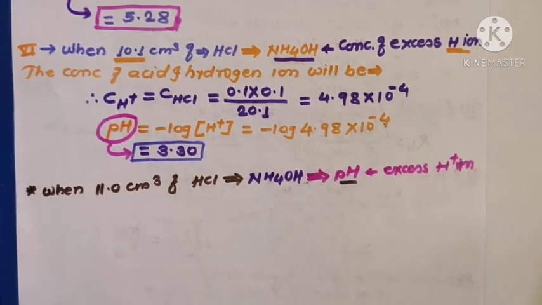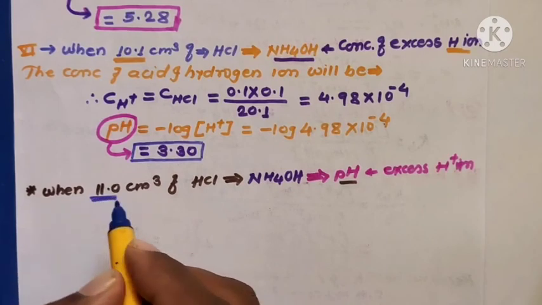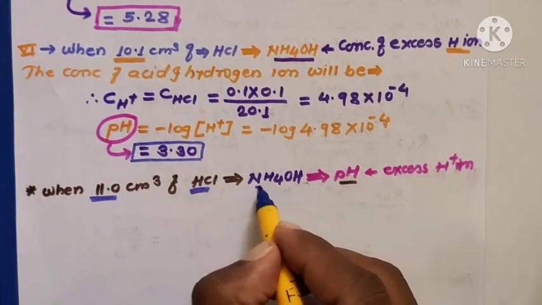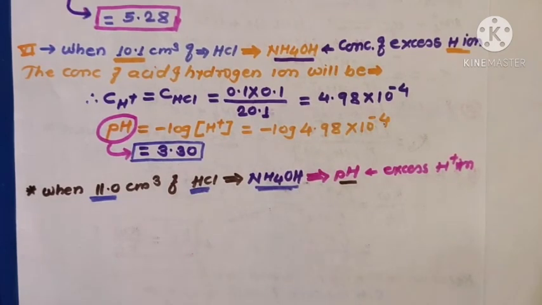You can calculate the pH for this addition of 11.0 cm cube of HCl into the NH4OH solution and then find the answer of this problem.